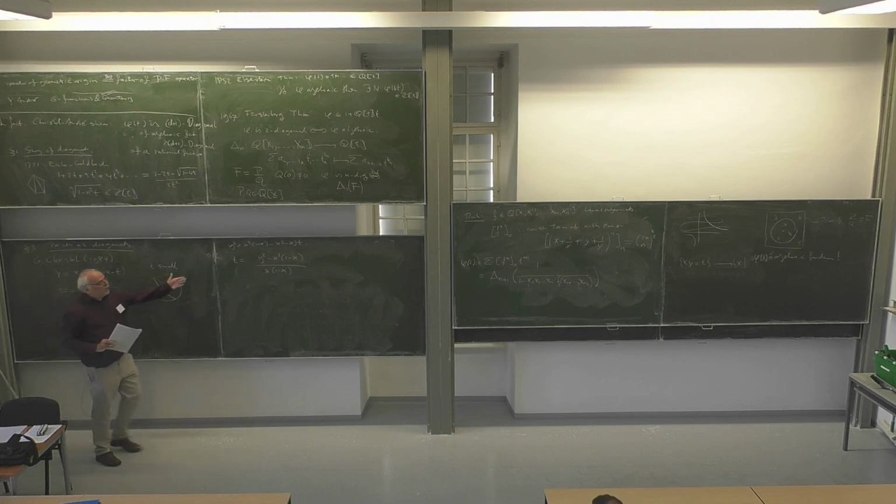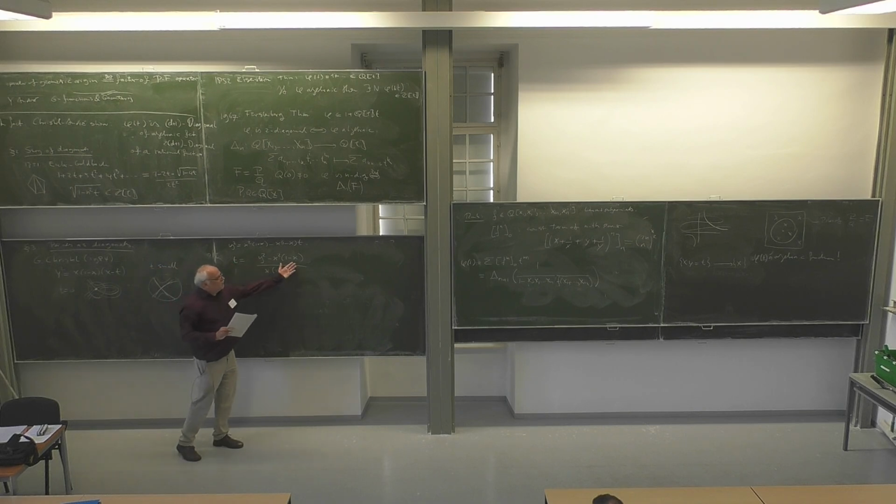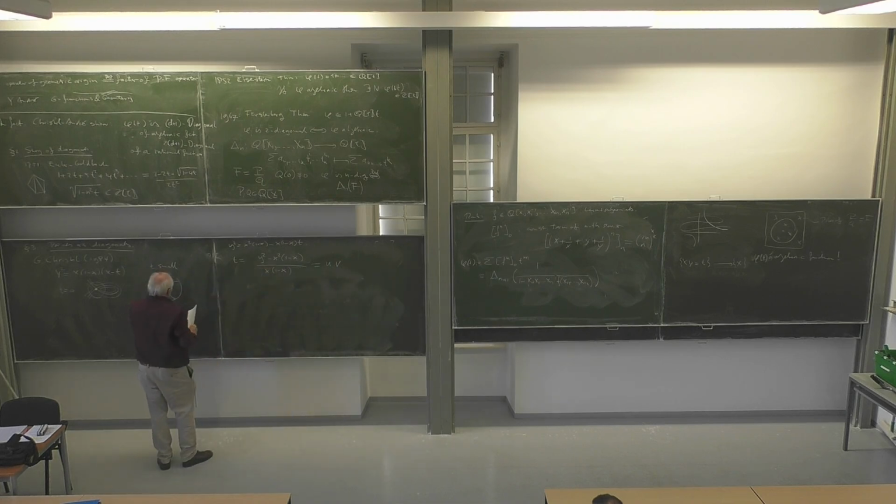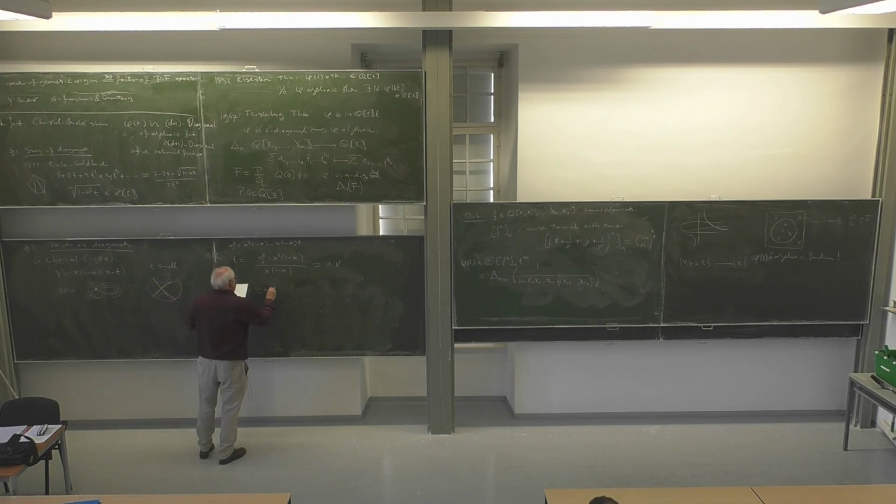If you allow square roots, you can factor this as u times v, where u is vanishing on the one branch and v on the other branch. You just factor this expression: y minus x times the square root, and then you have to divide by the square root.